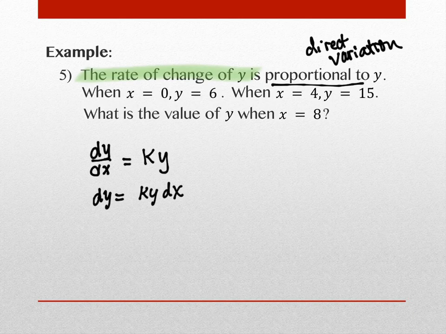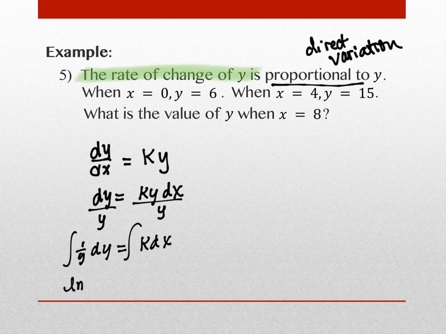What's next? Divide by the y. So this is 1 over y dy is equal to k dx. And I'll take my antiderivatives. So I have the natural log of the absolute value of y is equal to kx plus c1. Let's get to our differential equation and we'll stop. We put our e as our base, right?